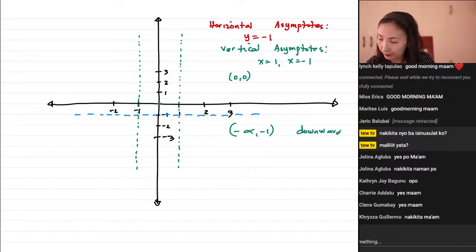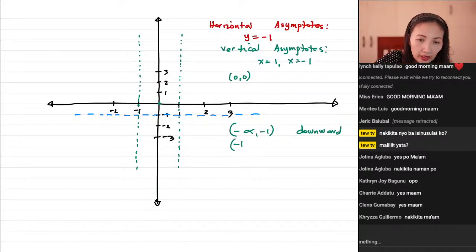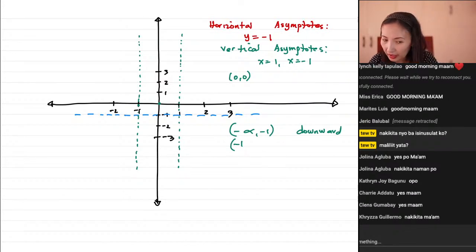From negative 1, lakihan. Can you see it? Nakikita. Nakikita naman nila eh. From negative 1 to positive 1, up. Sundin mo yung size ng linya. Sige, lakihan daw natin.